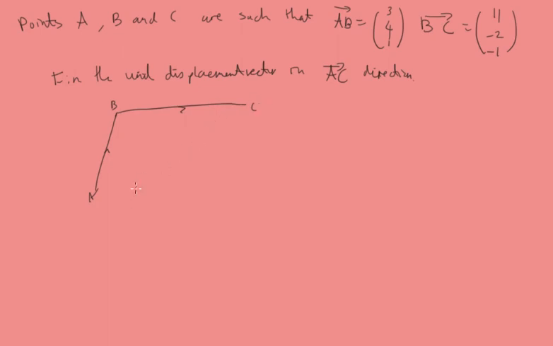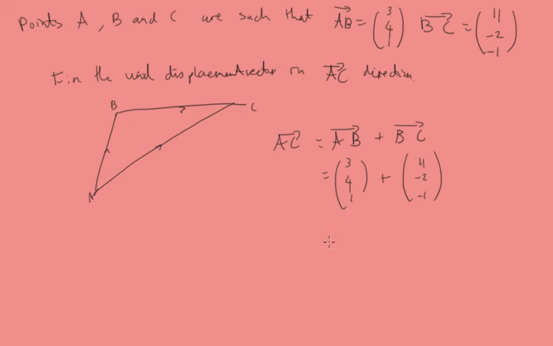And then we have A, C. So AC equals AB plus BC, which is (3, 4, 1) plus (11, -2, -1). So that gives us (14, 2, 0).